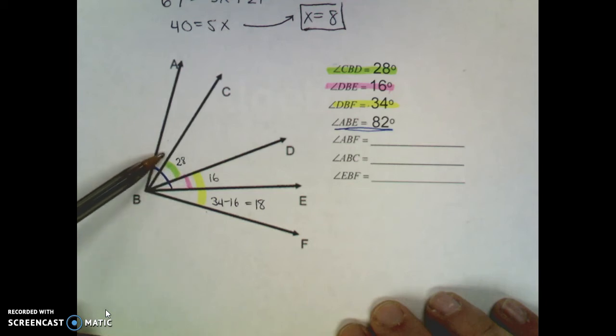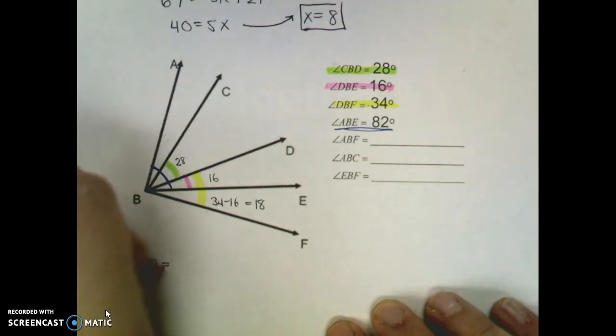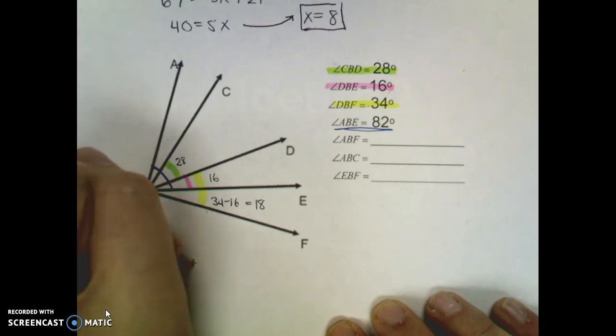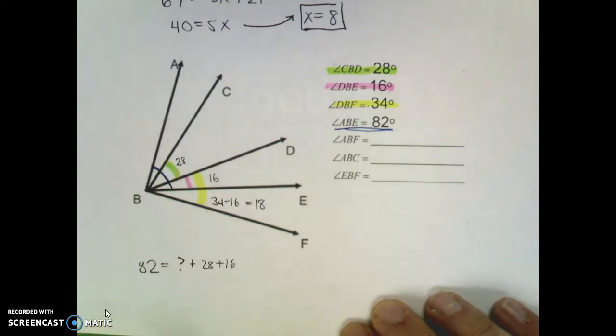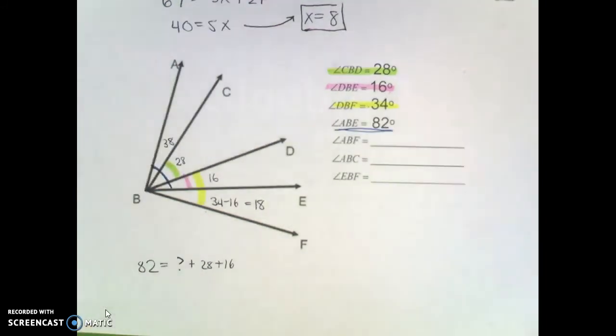So I know that this missing angle has to be whatever is left over of that 82. Namely, 82 would equal the missing angle plus 28 plus 16. That's what we know. So I just simply have to now subtract the 28 and the 16 from the 82. And so in this case, we end up with a 38-degree measure.